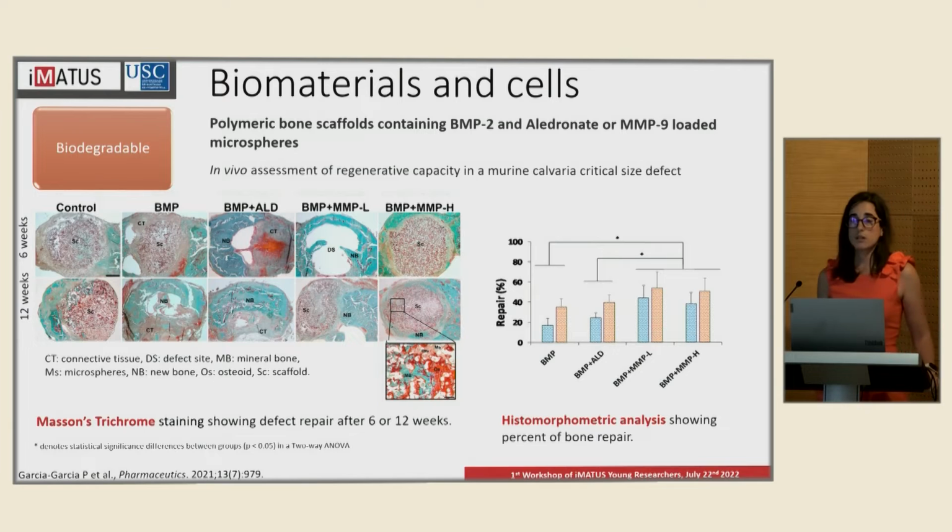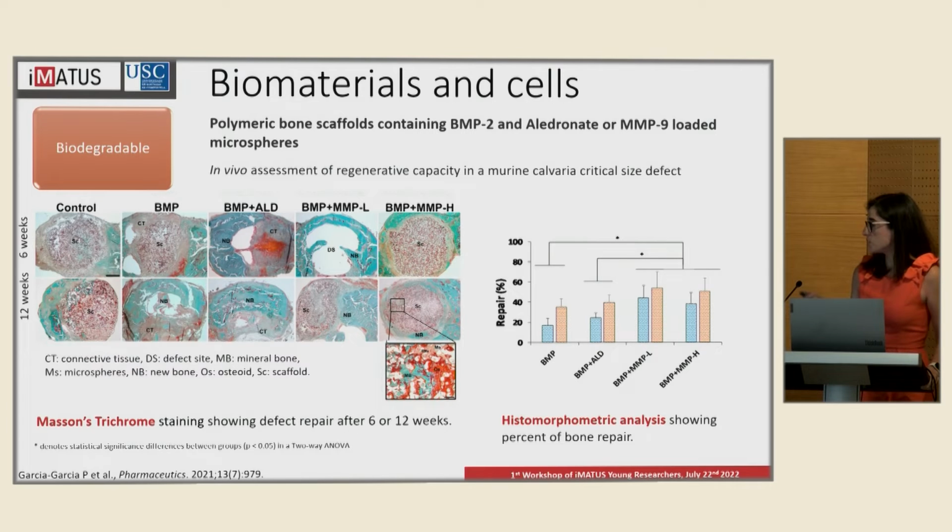They are chitosan foams with microspheres that have been loaded with either BMP2, which is bone morphogenetic protein 2, which promotes bone formation; alendronate, which is known to decrease bone resorption, so increase bone formation; or MMP9, which is an enzyme that promotes bone remodeling, so increases bone formation.